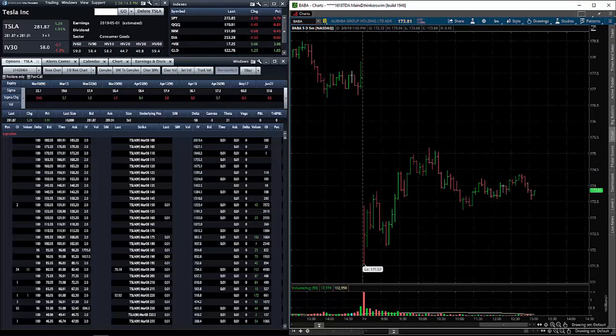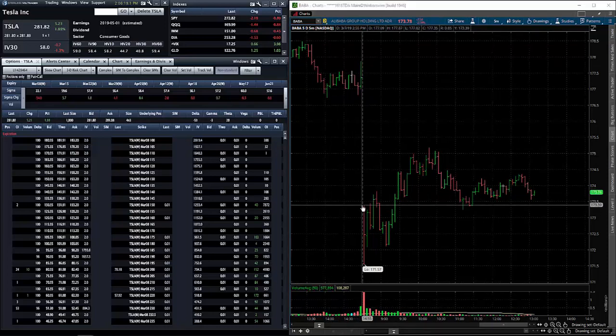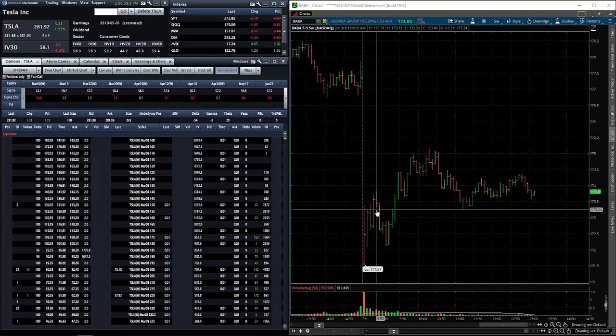Okay, so that is the way that the short-term options gap fill methodology works. I like it a lot because it tends to be successful, and when it's not successful, it's not a big loss, because as soon as you get pulled back out of this gap, the game is up, at least for that time.